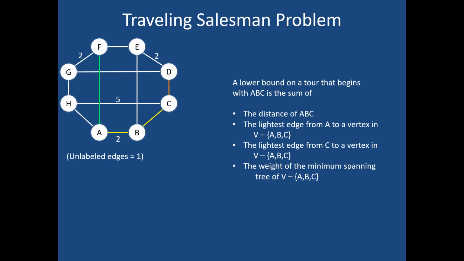A minimum spanning tree just hooks up any old way. It doesn't have to be a path. So how does a minimum spanning tree provide a lower bound on the actual way we're going to have to hook up D, E, F, G, and H eventually? How does that give us a working lower bound?